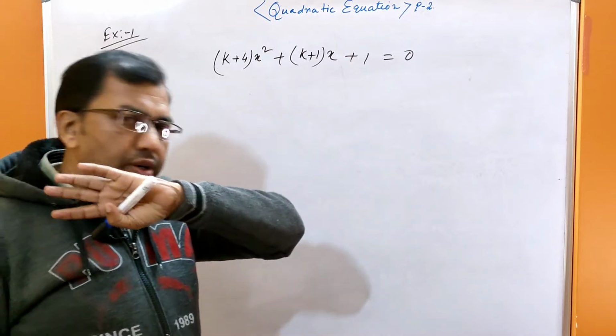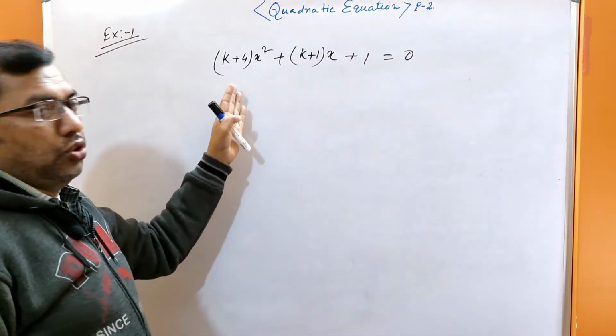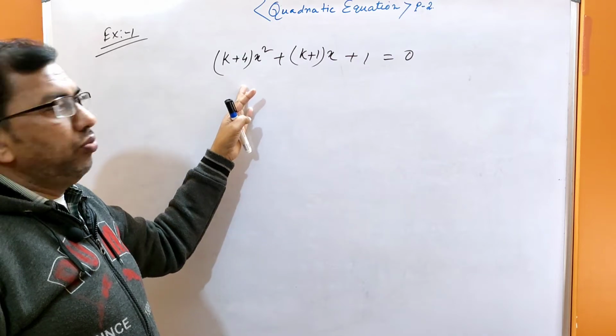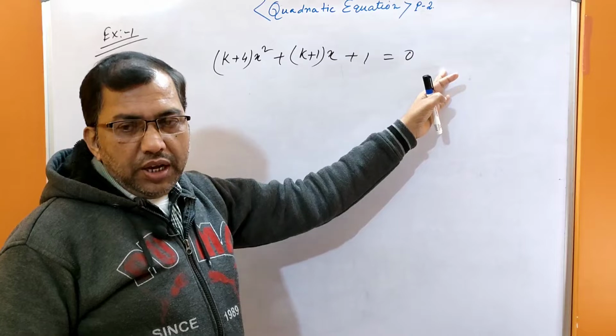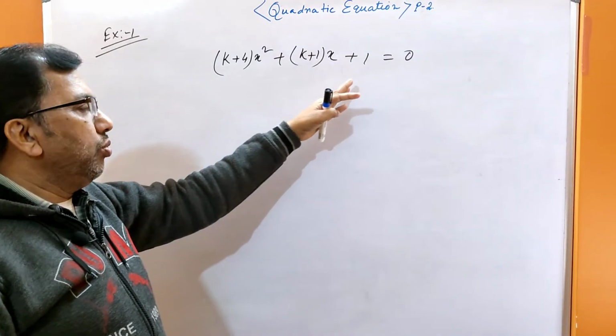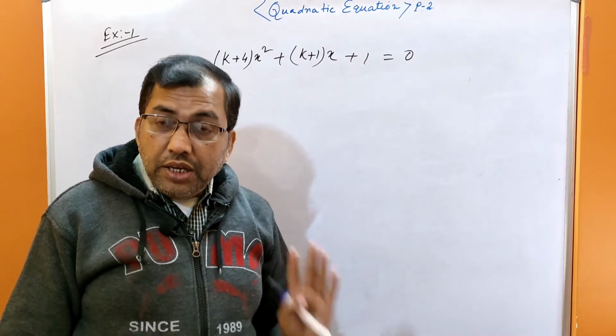Suppose the question does not ask for the value of k. It says prove this, show it, prove this equation has real and equal roots. What is the question? It has real equal roots.